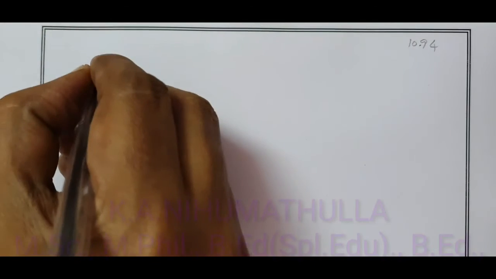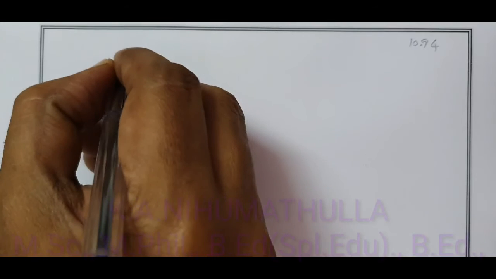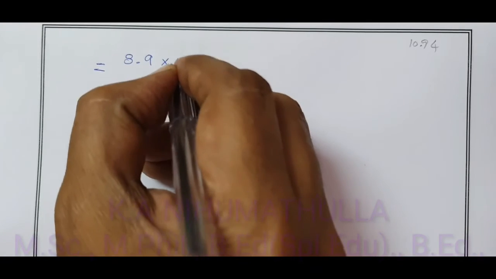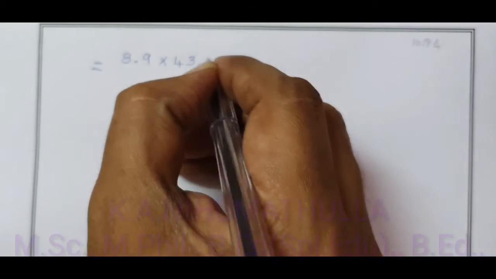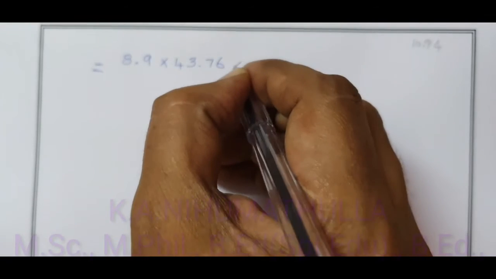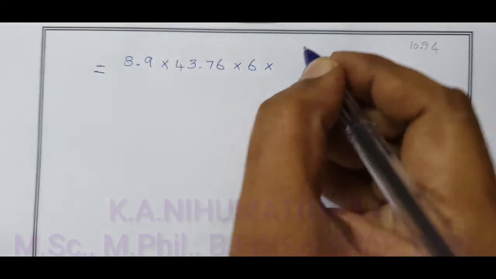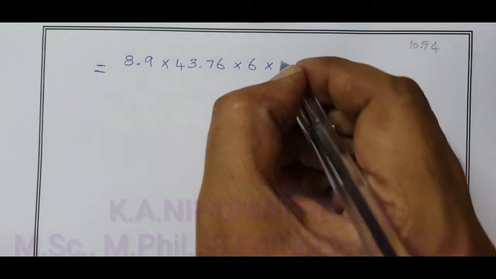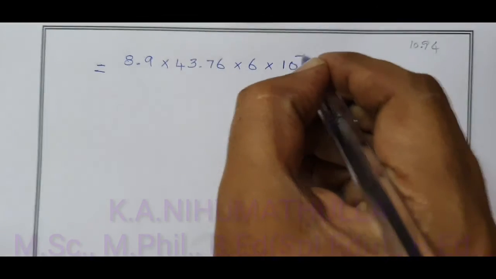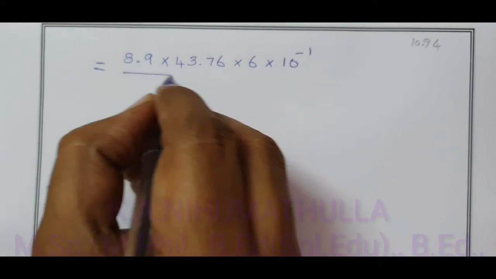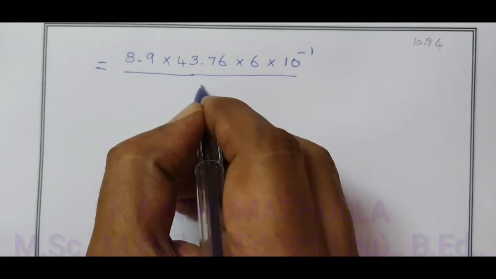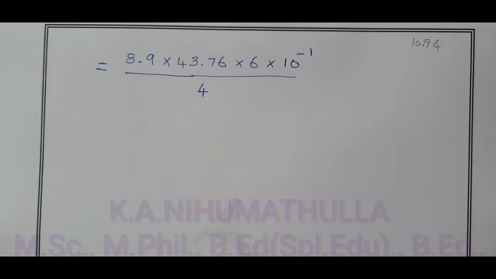So equal to 8.9, our density value. The cubic value will give 43.76. Avogadro number 6 into 10 power minus 24, 10 power 23 gives 10 power minus 1, divided by total number of atoms in FCC, 4.